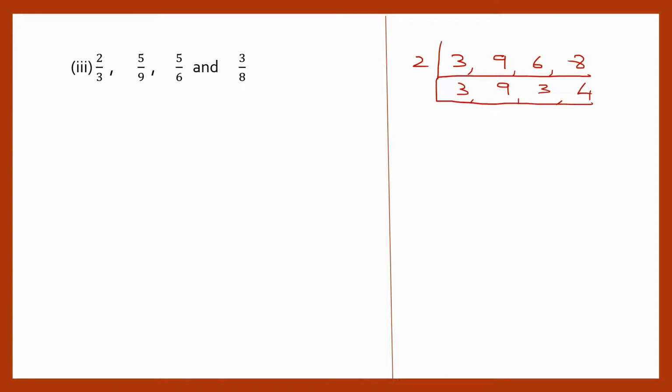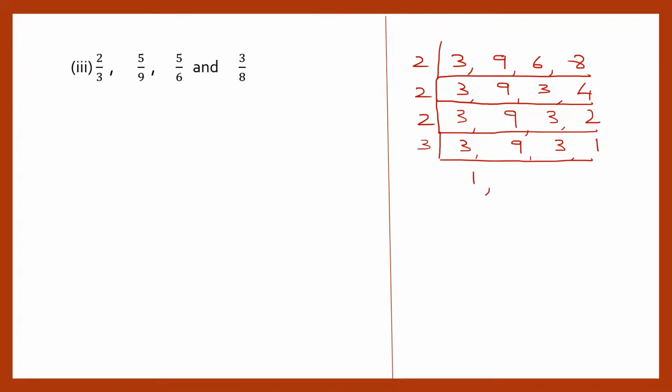I continue with 2, 3, 9, 3, 2 2s are 4, 3, 9, 3, 2 1s are 2, 3 1s are 3, 3 3s are 9, 3 1s are 3, 3 1s are 3.